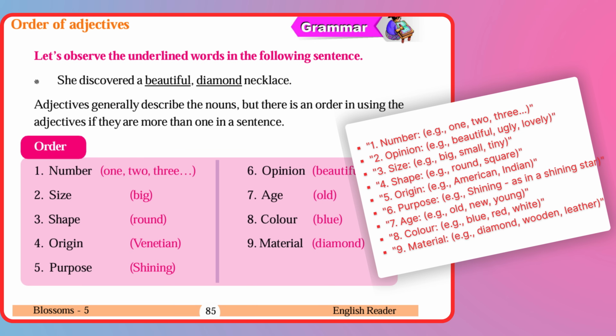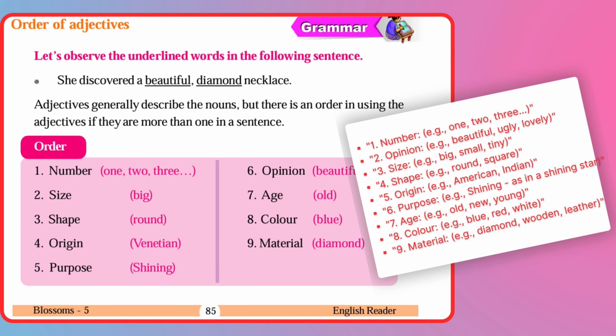Fourth one is shape, round, square, like that. Fifth one is origin, like American or Indian. Sixth one is purpose, like shining, as in shining star. Shining is an adjective. Seventh one is age, old, new, young, like that. Eighth one is color, blue, red, white, yellow, like that. And the final one is material, like diamond, wooden, leather, like that.